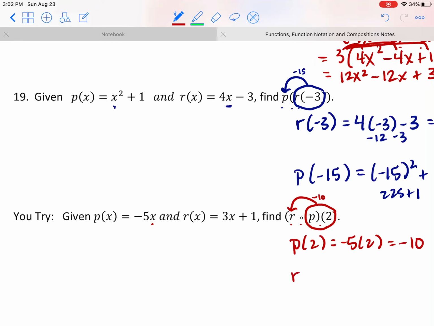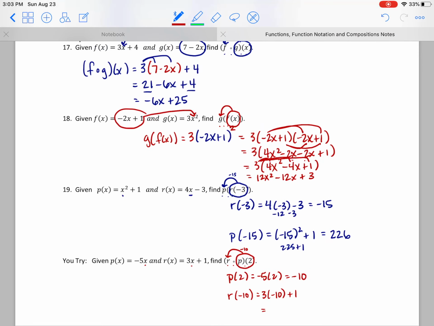So our final answer we're going to find by plugging negative 10 into r. We're going to find r of negative 10. So if negative 10 goes here, 3 times negative 10 plus 1 is going to make negative 30 plus 1, or negative 29, our final answer.